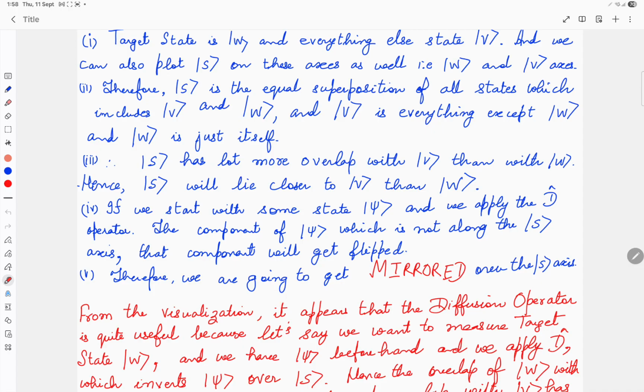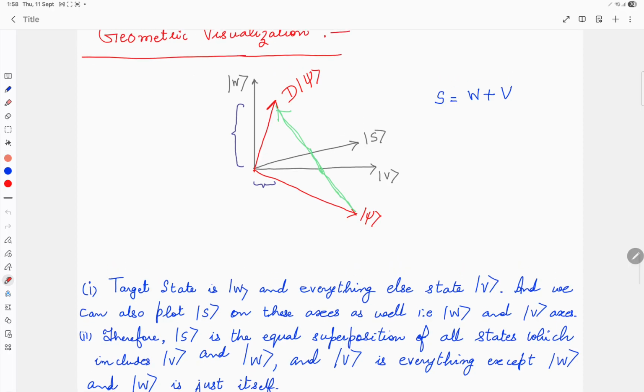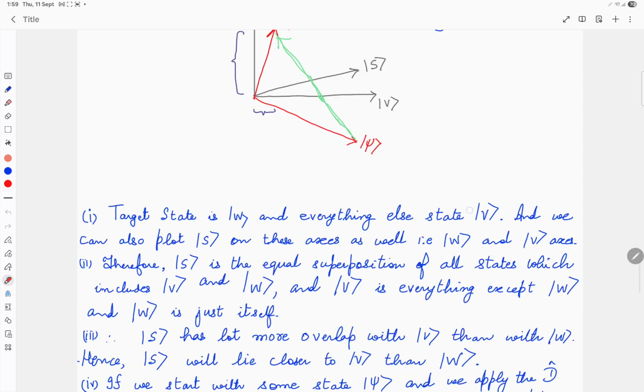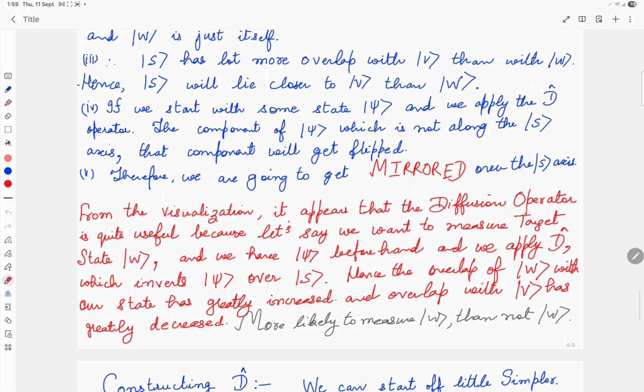Therefore, we are going to get mirrored over the S axis. So this green component will get mirrored across the S axis. So we reach this point after the diffusion operator application onto the arbitrary state ket psi.